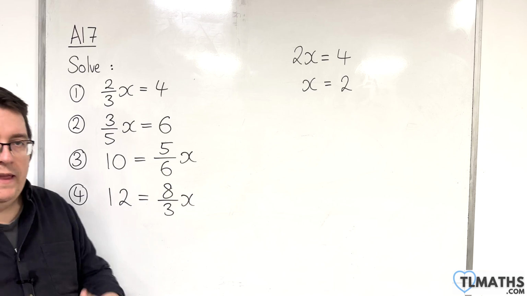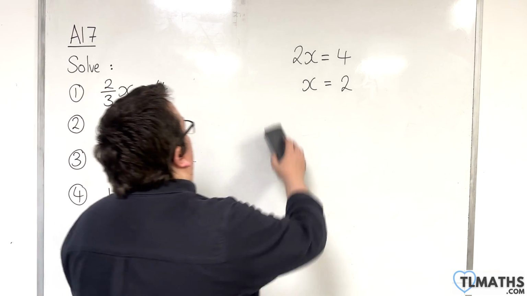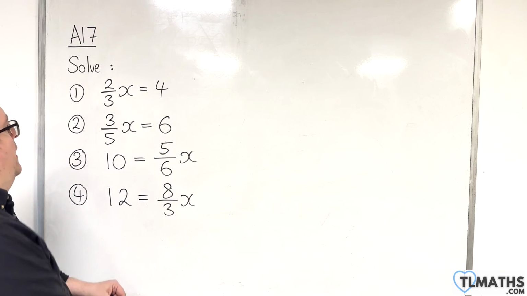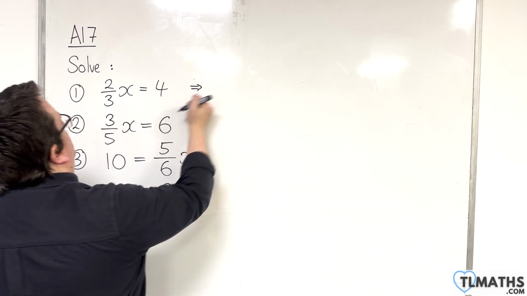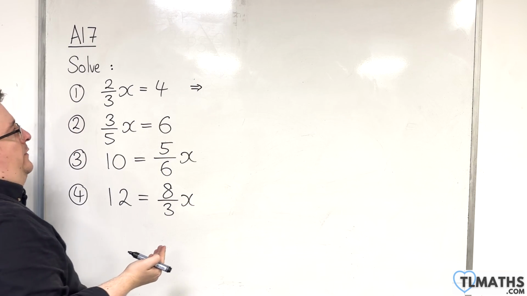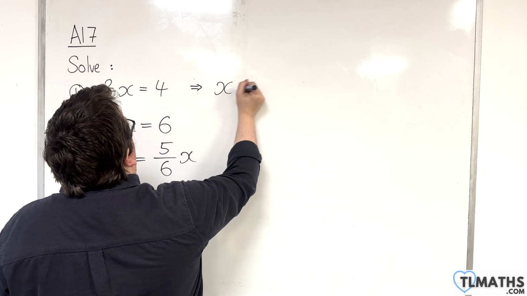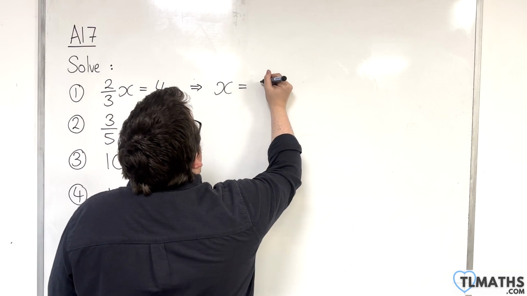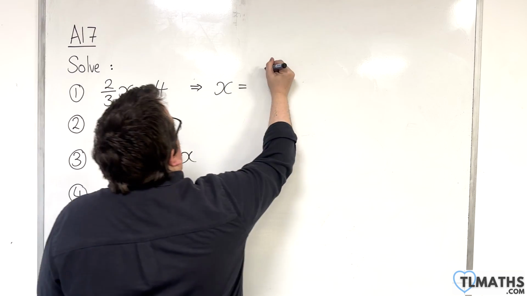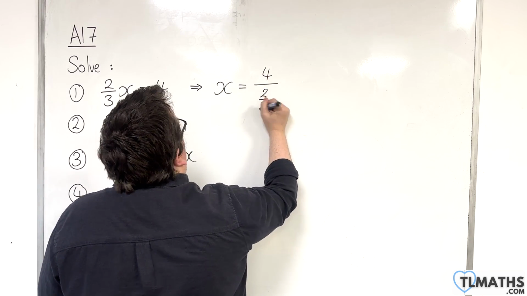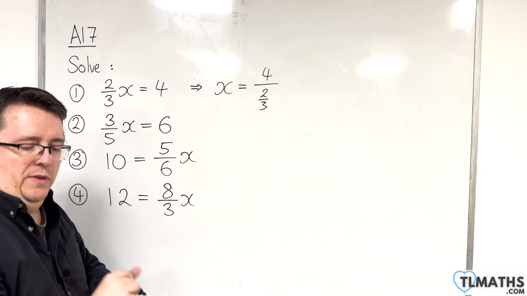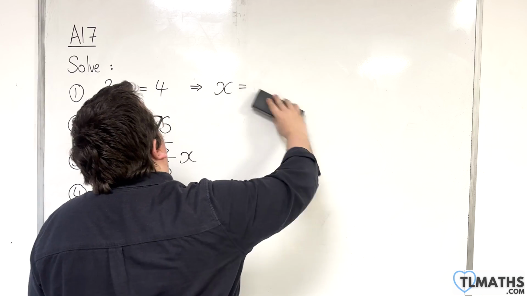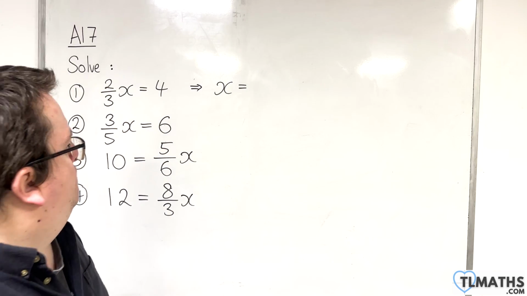So you can think of this one like that. So if you like, you could say, well, I'm multiplying both sides by 2/3, so I'm going to divide both sides by 2/3. So rather than having 4 over 2/3 like this, because I don't really want to have to deal with fractions within fractions, it's a better idea to write it with the division symbol here.